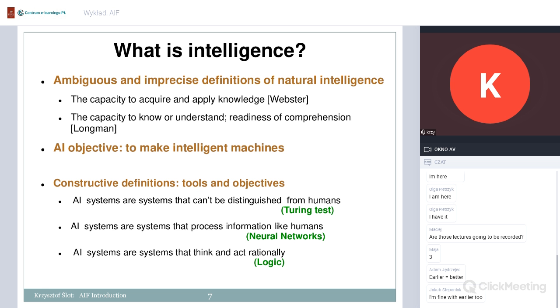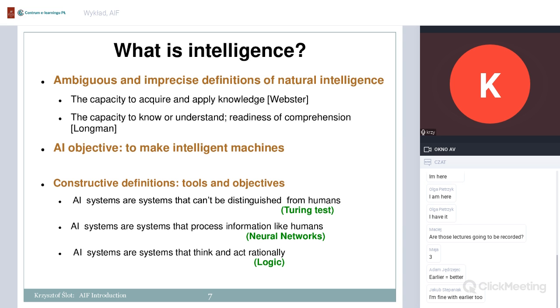So at the beginning of work on artificial intelligence, three different directions were established. I put them as constructive definitions of artificial intelligence that somehow are identifying objectives and tools that can be used for evaluating whether research has been completed correctly or incorrectly.